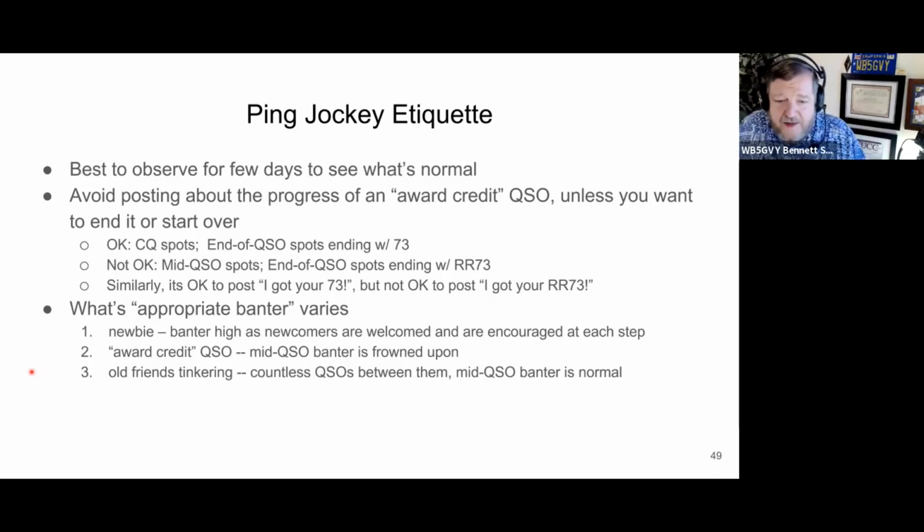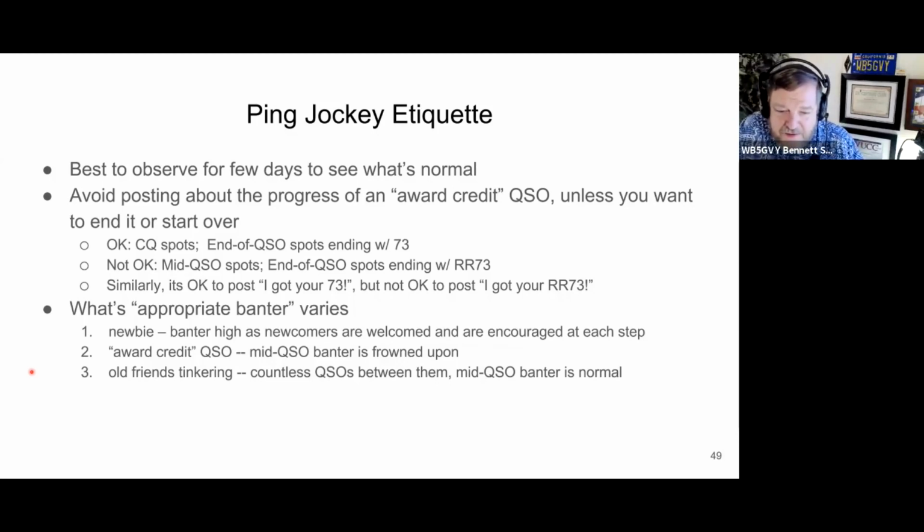The second class is if you're not a newbie and there's an award credit QSO going on, it's entirely frowned upon to have any kind of banter during that QSO. And then confusingly, there's a third class of banter, and that's just old friends tinkering.